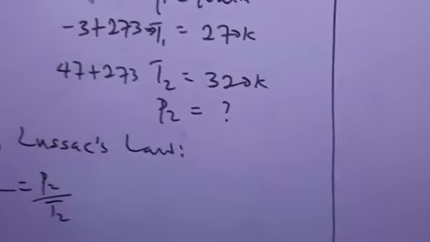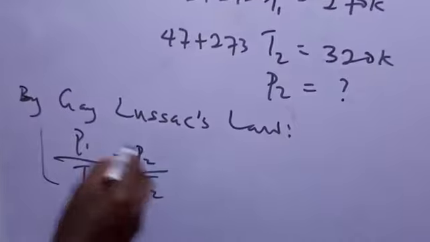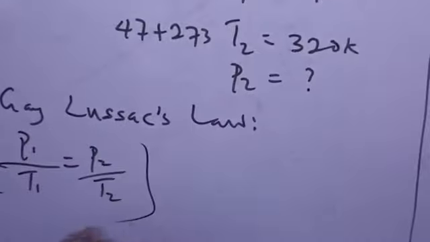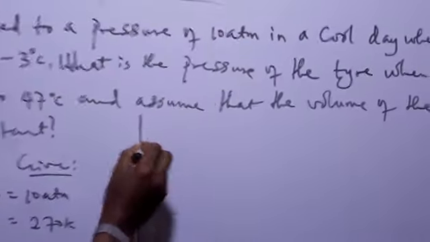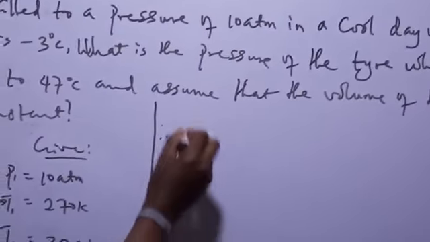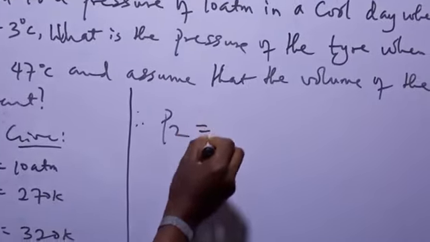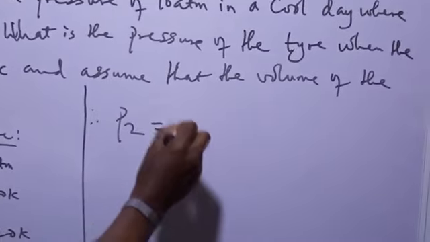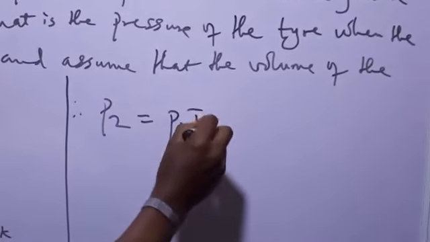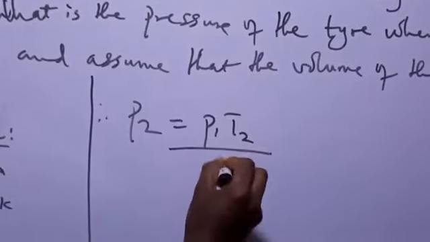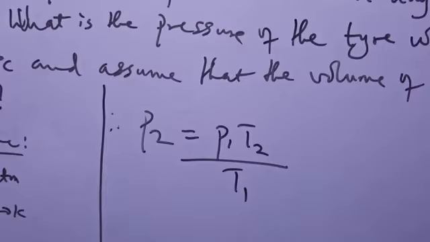Before I go into medicals, let's solve the problem of Gay-Lussac's law using the formula. Therefore, P2, which is what we're asked to look for, equals P1 T2 over T1.